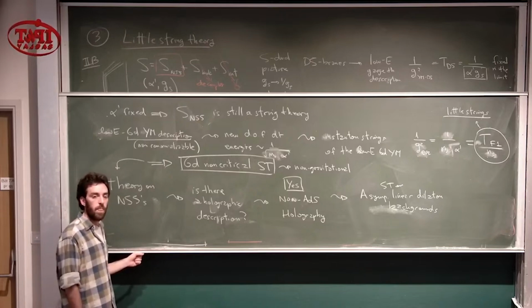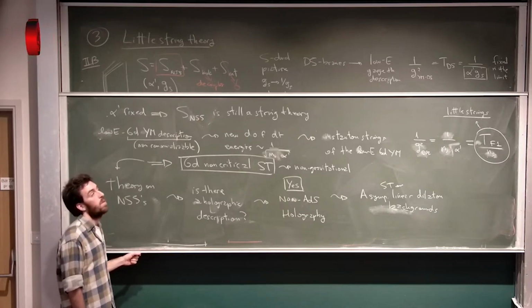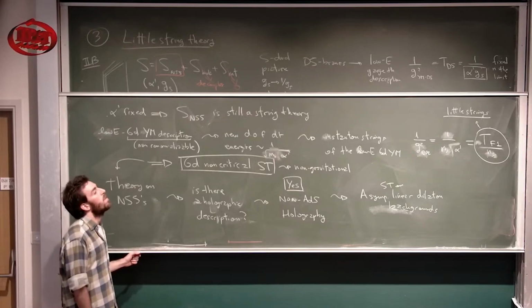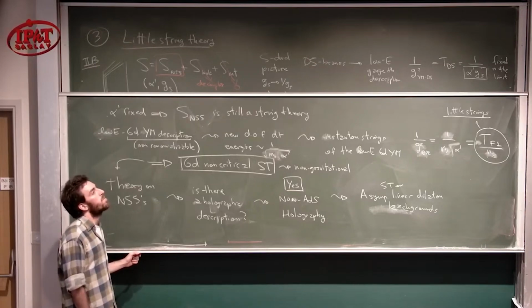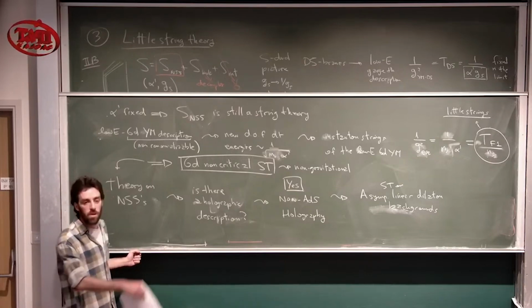In the bulk, you have 7 non-compact dimensions and 3 compact ones. The bulk is basically this linear dilaton times the rest. I'm going to write the solution.